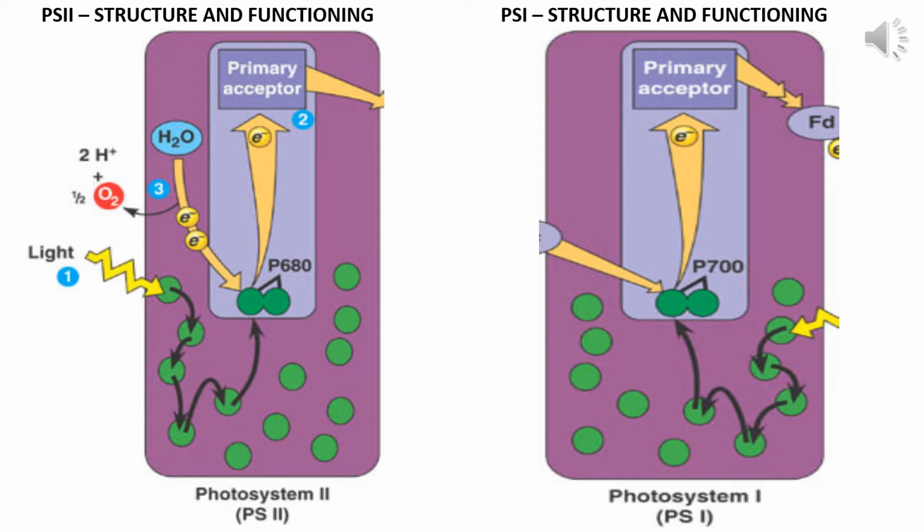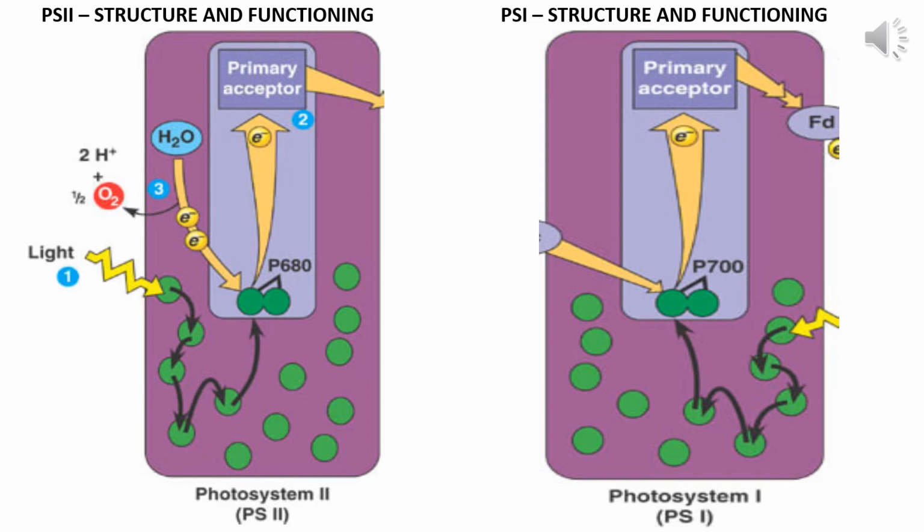That's a basic difference. And you know that photosystem 2 is utilizing water. It is broken into electrons, protons and oxygen. Oxygen is released. These things are not taking place with photosystem 1. At the same time, both are absorbing light energy and electrons are excited and light reaction is taking place.